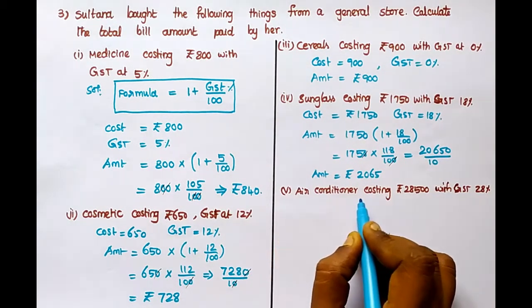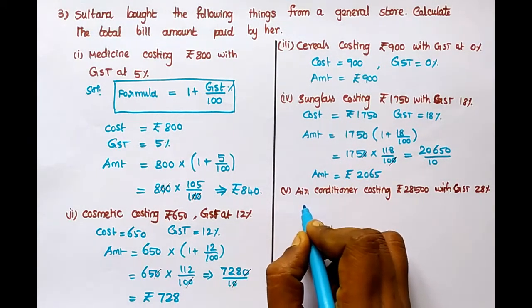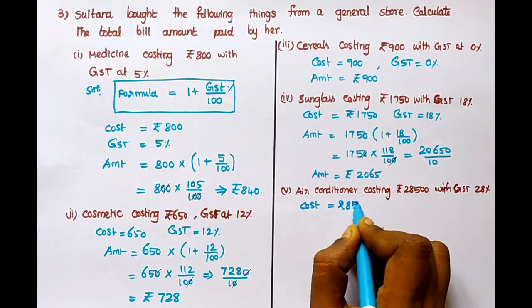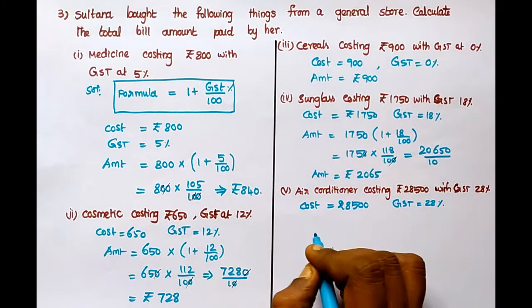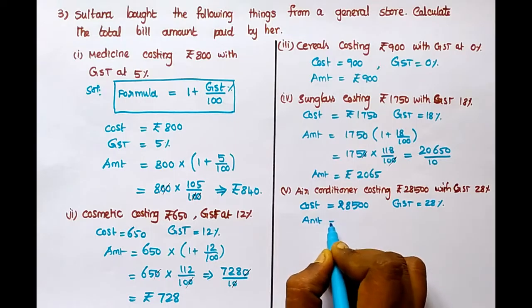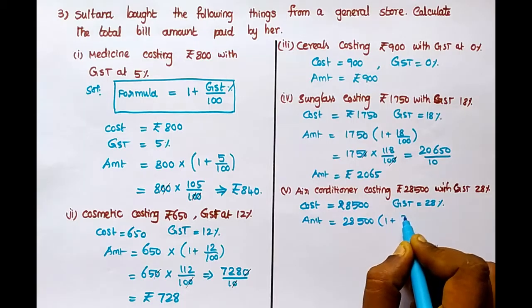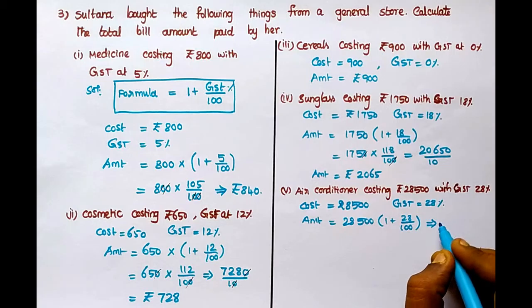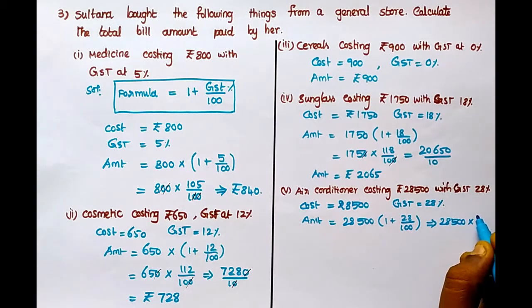Next one, air conditioner costing 28,500 with GST 28%. So cost 28,500, GST 28%. So amount equal to 28,500 into 1 plus 28 by 100, that is equal to 28,500 into 128 by 100.